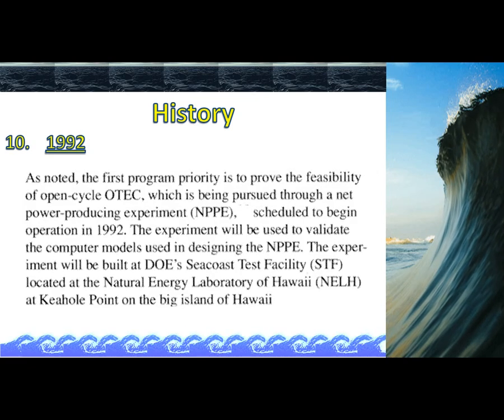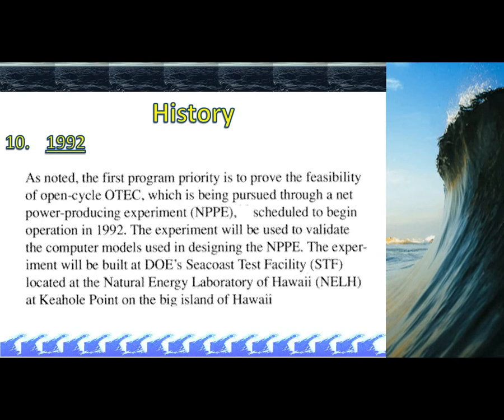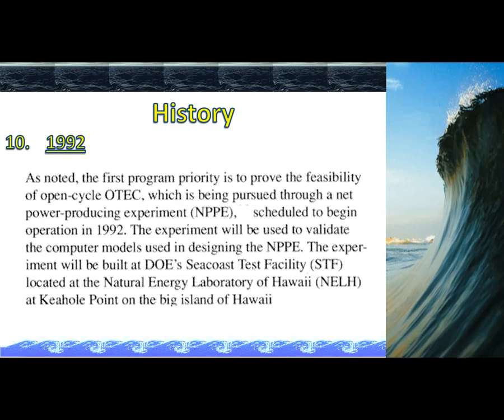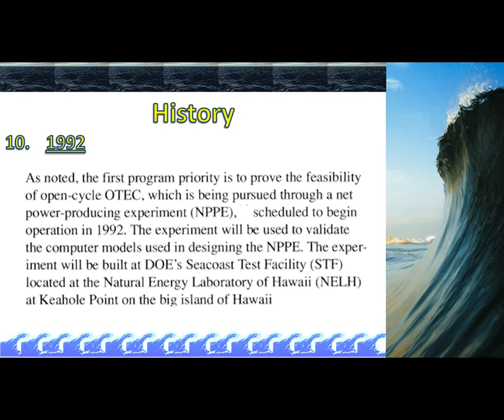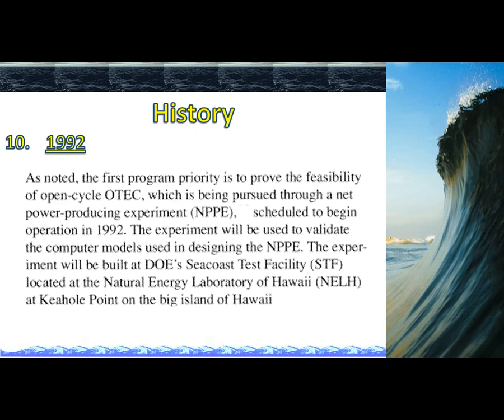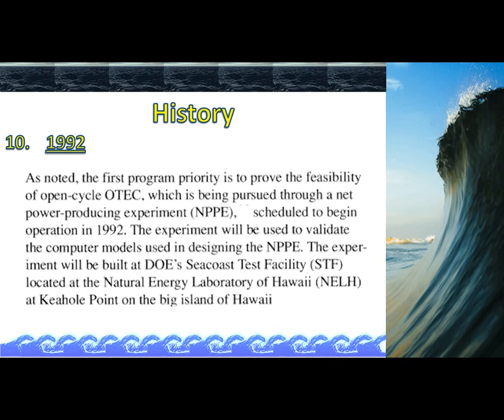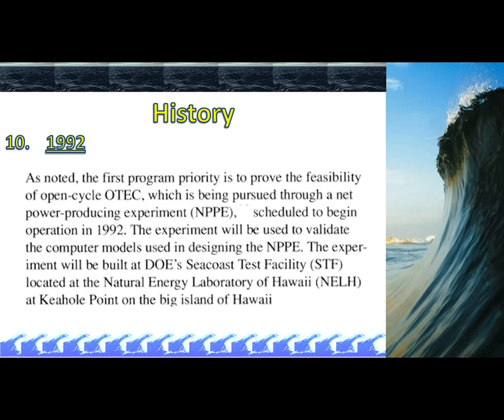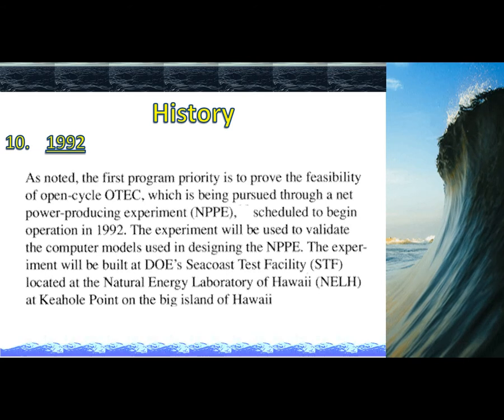In 1992, the first program priority is to prove the feasibility of open-cycle OTEC, which is being pursued through a net power producing experiment, scheduled to begin operation in 1992.